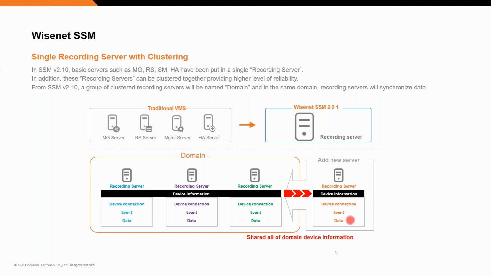If you add another new server, whatever camera details are recorded, for example server 1 has 50 cameras, whatever data about that camera, except the recording, every other data will be copied to the new servers.